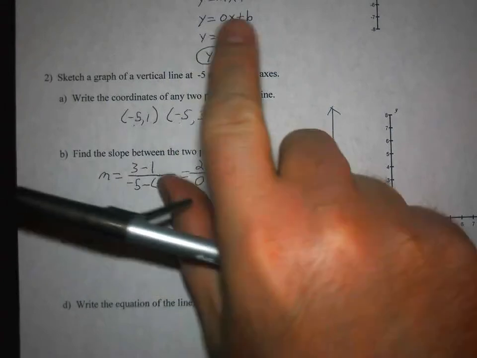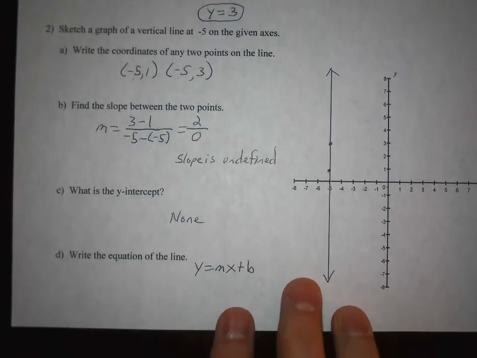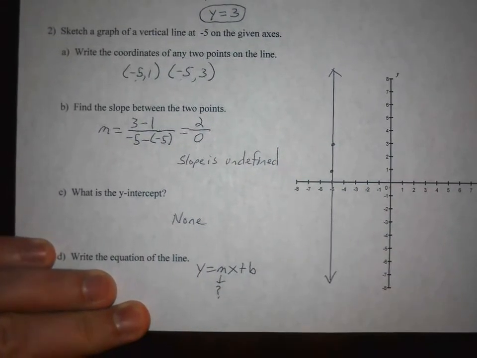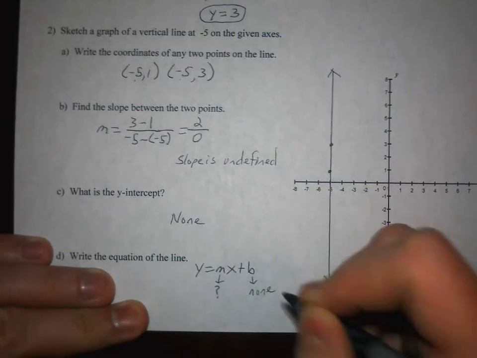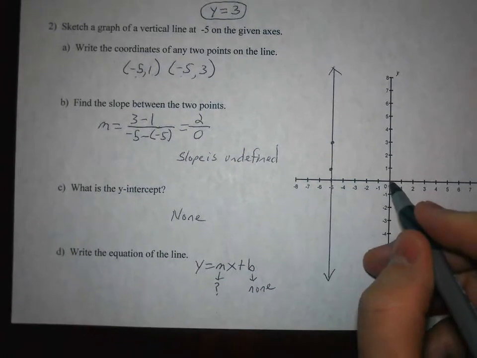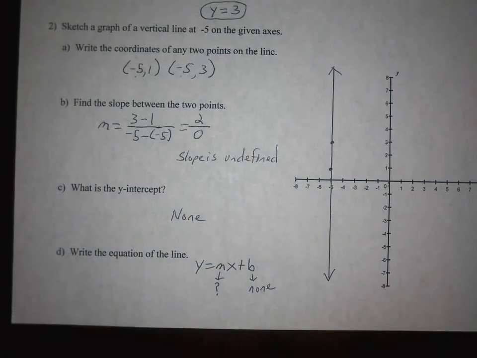It worked okay in the first case where we had a horizontal line. We end up with y equals 3. But now when we try it in this one, we have a slope which is undefined, we don't know what it is, and a b value of none. There is none. Don't confuse none with being 0. If the y-intercept or the b value was 0, it'd be passing through right here at (0, 0). That's not what's happening. So don't confuse none with 0. Not the same thing.